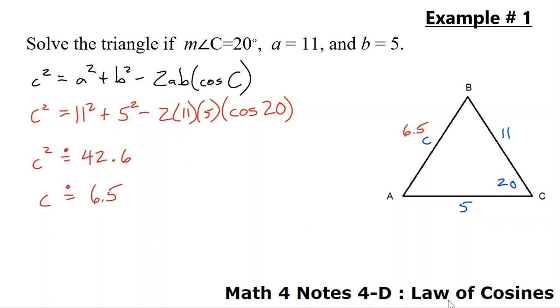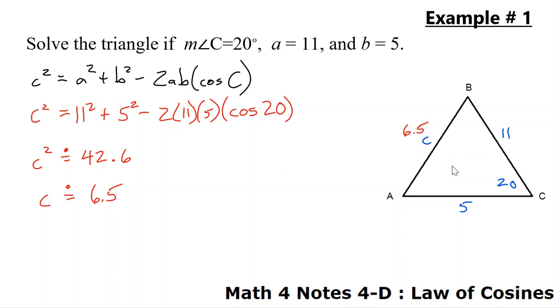Now, at this point, I can use that to work with the other angles, and the good news is that I only have to find angle A or angle B with the law of cosines, because once I have two of the angles, I can subtract from 180 for the one that's missing.